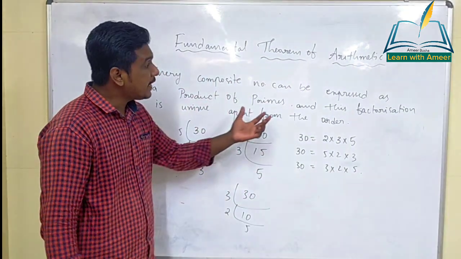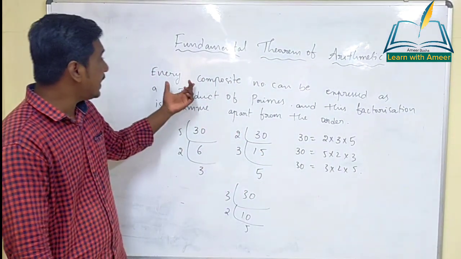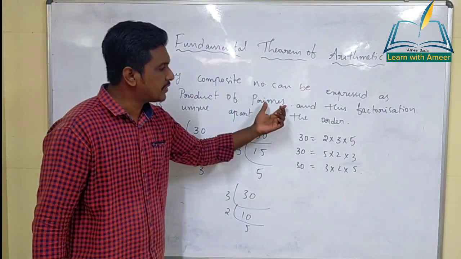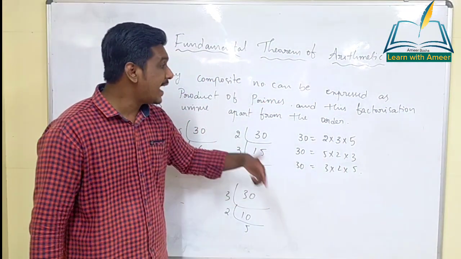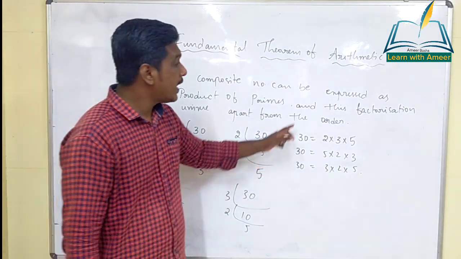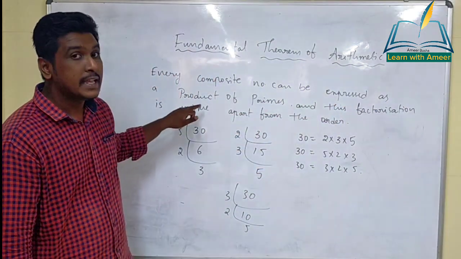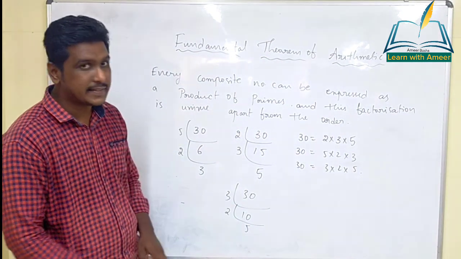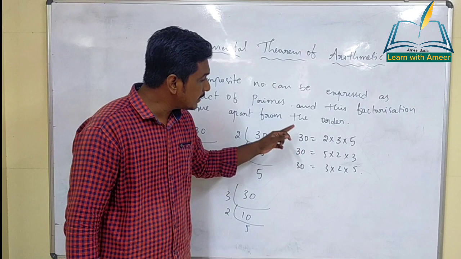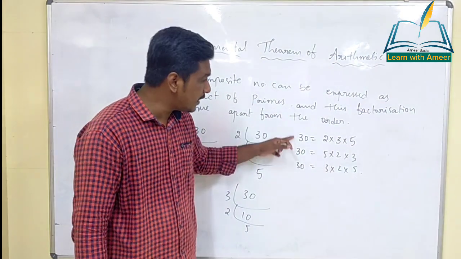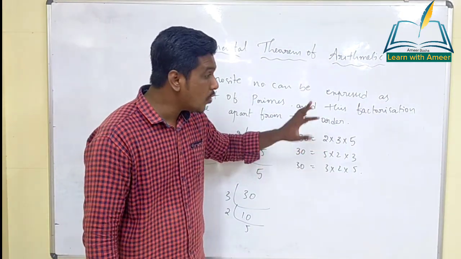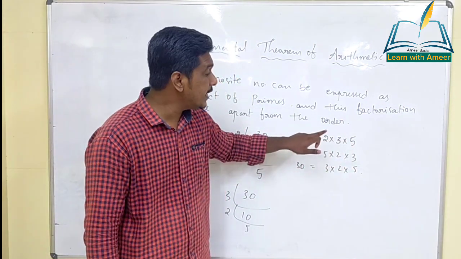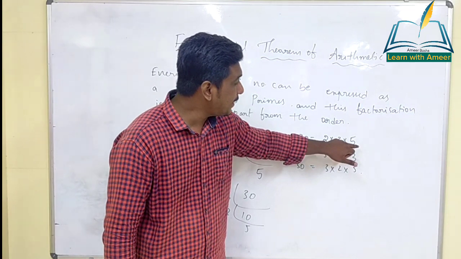Now if we come to our next point, see here: every composite number can be expressed as the product of primes. So we have expressed it. Now see next, and this factorization is unique. What they're trying to say is that we can write the prime factors of 30 by taking only the numbers 2, 3 and 5.